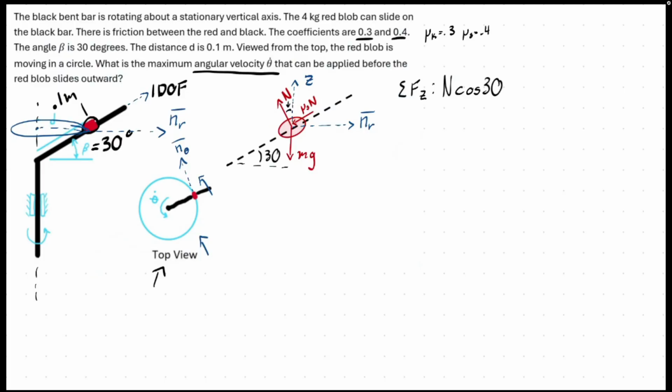And then minus, because our friction is going against the z. So mu s N. If you imagine this angle to be 30, then this will be the sine. Wait, is it sine? Yes, it's the sine, because it's this one that goes up and down.